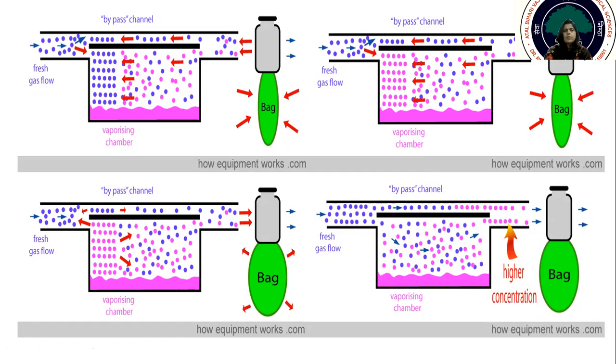So they have two escape routes. Partly they come here and partly they go inside the bypass chamber. Initially, the bypass chamber did not have any saturated molecules. Now it also has saturated molecules. So it will sum up to provide a higher concentration of the vaporizing agent to the patient. I hope it is clear now.